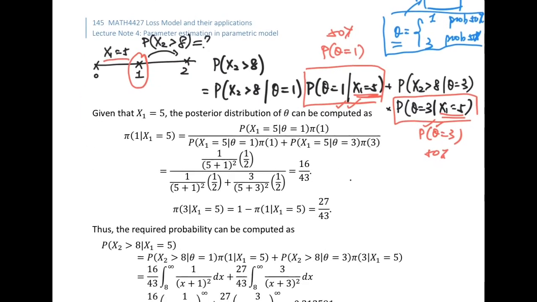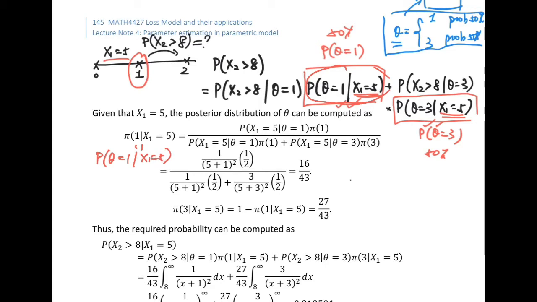Now let us try to calculate these 2 posterior distributions, starting with the first one. The posterior distribution pi1 given that s1 equal to 5 is just equal to the probability that theta equal to 1 given that s1 equal to 5.